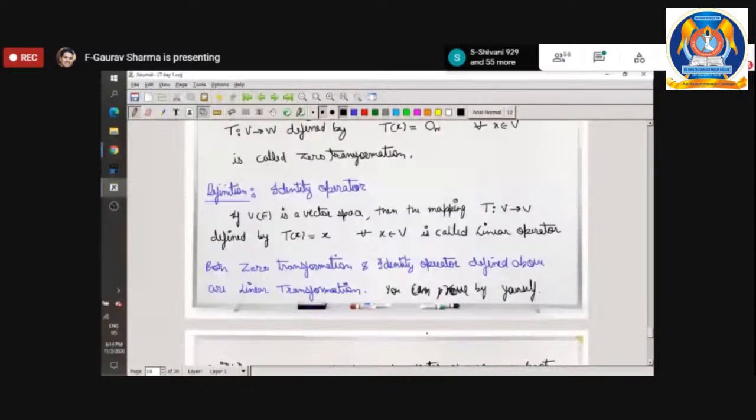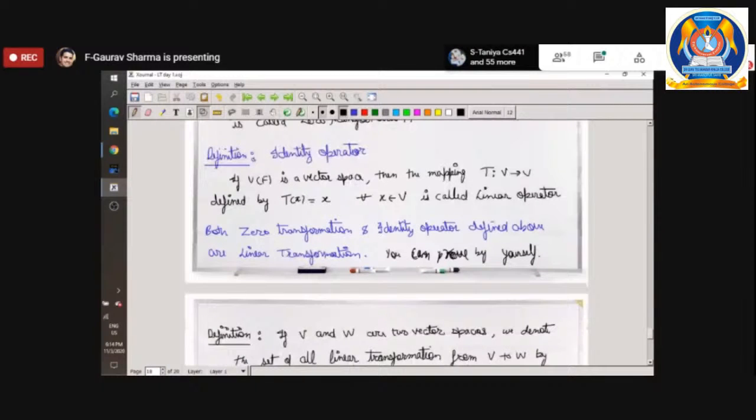In a vector space, Shivani, we will discuss this after the poll, because we have not discussed projection till now. So maybe other students don't know how we define projection.